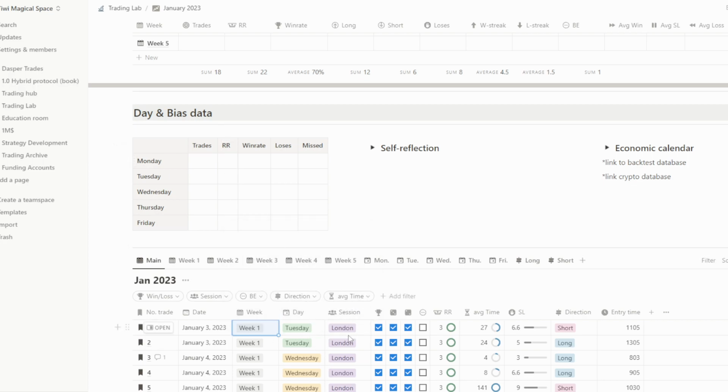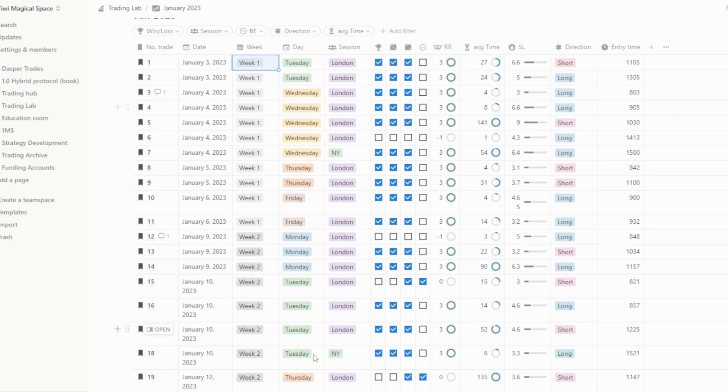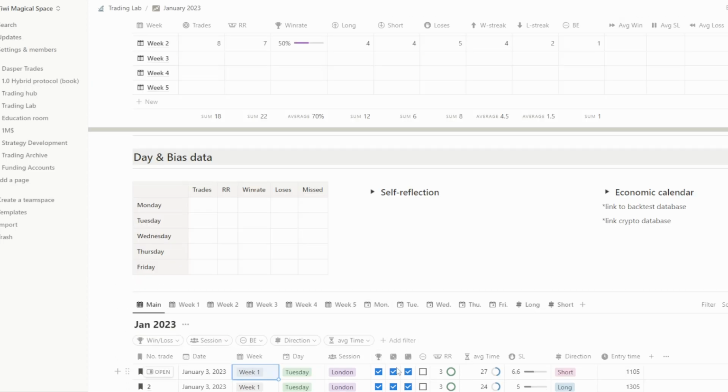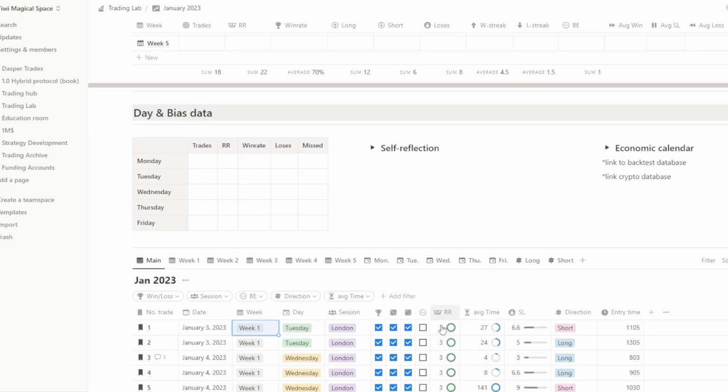Also the day, the session, mostly I'm trading London, sometimes, as you can see here, the New York session. And if it was a win, how much risk reward ratio I got, if it's a break even, how much risk reward ratio I secured, what was my entry time, stop loss, direction, and sorry, this was actually average time.